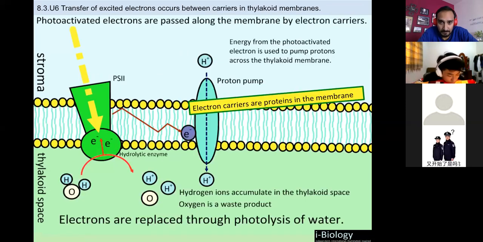Quick clarification: how does the electron flow from PS2 to the protein pump? Is this process called the electron transport chain? Yep. Getting moved from one protein to the next is the chain. They're handing it off, like a relay.